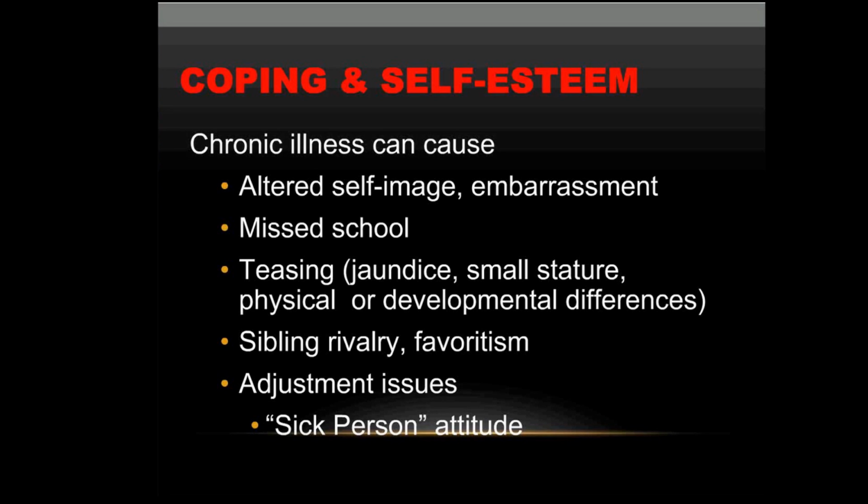So they're embarrassed, they have a lot of absenteeism, they are teased, they might look jaundiced, and so they get teased about that. That's a problem. They have small stature or any other developmental differences. They might have problems with sibling rivalry. Think about it. If you're the child that uses all the family resources in terms of time and money and energy, then your siblings may not be all that happy with you. And they can also have adjustment issues.